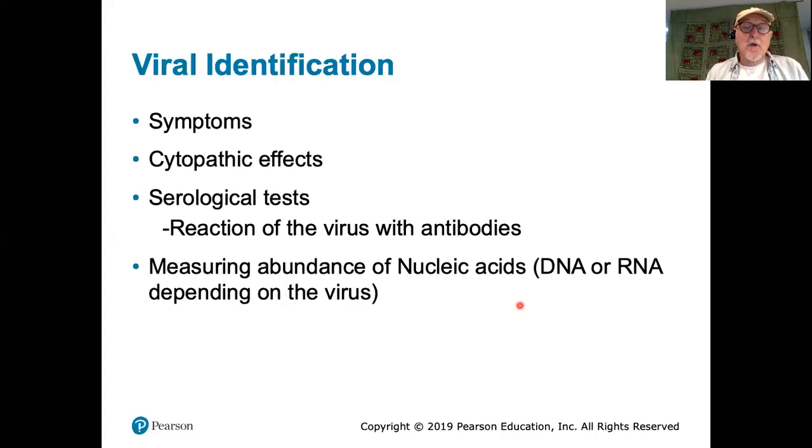And not only that, we can see how much nucleic acid there is present in the infected person or the infected animal, if we're dealing with an experimental animal. We can actually see a degree of illness by the amount of virus that is present in the blood, for example.